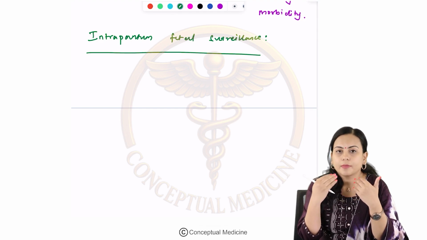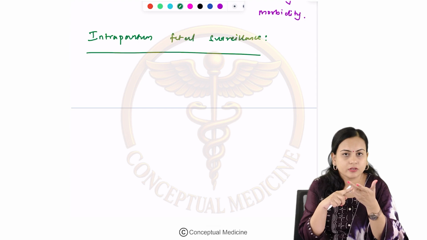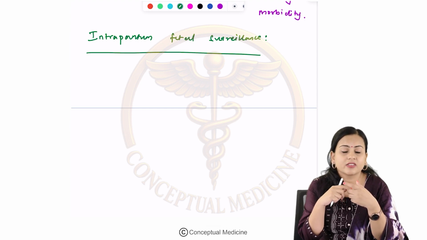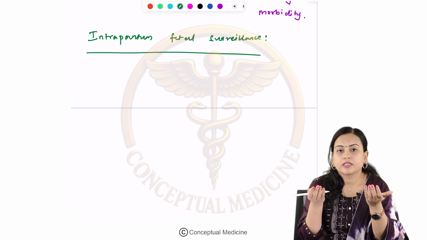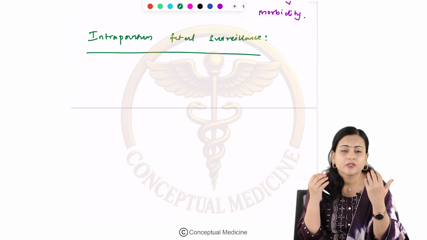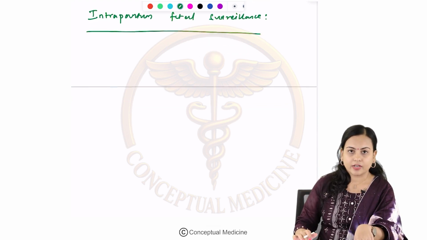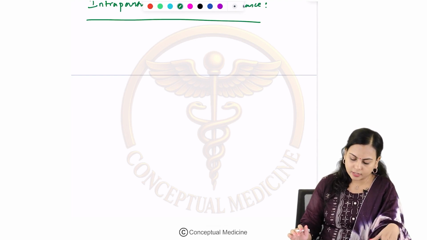But a compromised fetus, for example an FGR fetus, a preterm fetus, or one with chronic uteroplacental insufficiency, will not be able to tolerate this insult and will compromise itself. There will be hypercarbia, acidosis, and finally fetal death. So intrapartum fetal surveillance is also important.